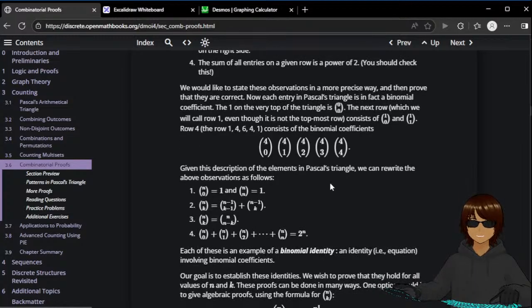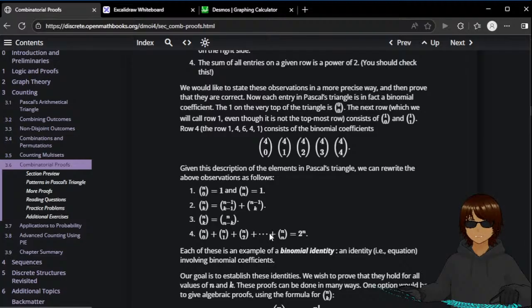Given this description of the elements in Pascal's triangle, we can rewrite the above observations as follows. n choose 0 is 1, n choose n is 1, n choose k is the sum of the previous two. n choose k is equal to n choose n minus k. n choose 0, n choose 1, n choose 2, all the way to n choose n, sums to 2 to the power of n.